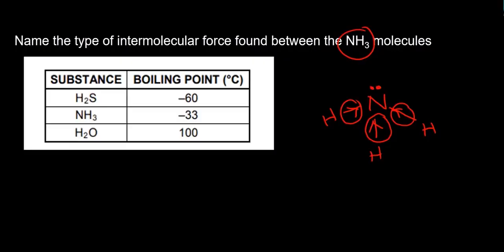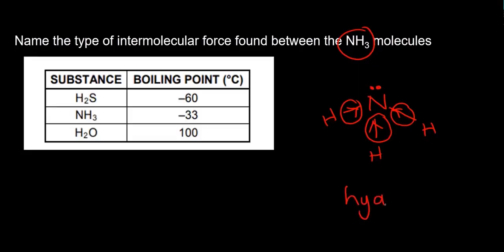The hydrogen is going to be an exposed proton, and so those molecules can get in really close. Their friendship is going to be strong, and so the intermolecular force is going to be hydrogen bonding. We're going to write it out like this, the whole thing, hydrogen bonding, because that is the name of the intermolecular force.